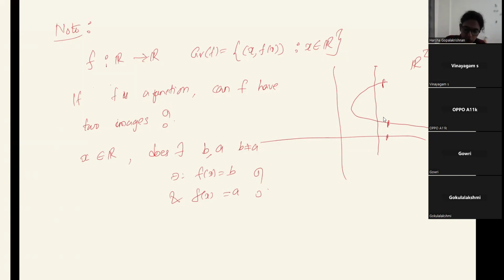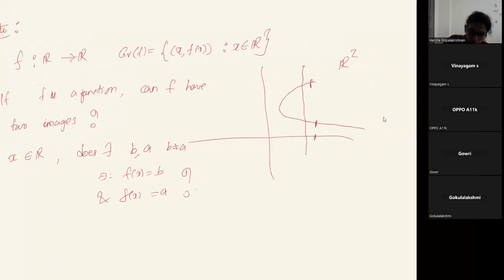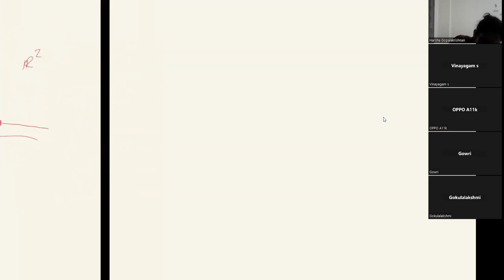Okay. Now, let us go to the horizontal line test. First of all, let me draw the graph of f of x equal to x square.